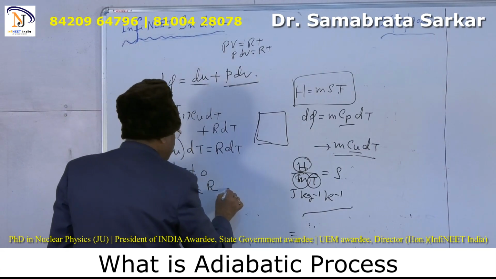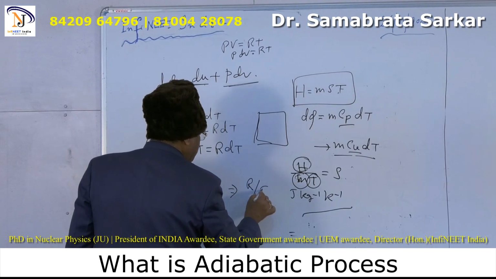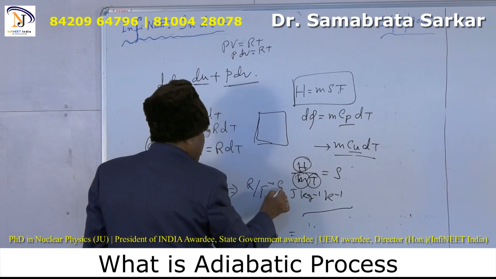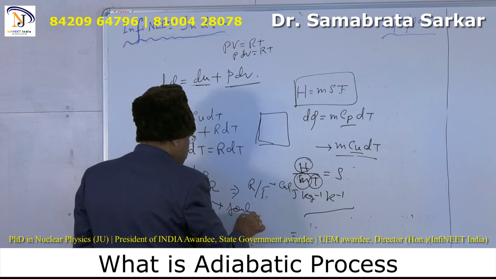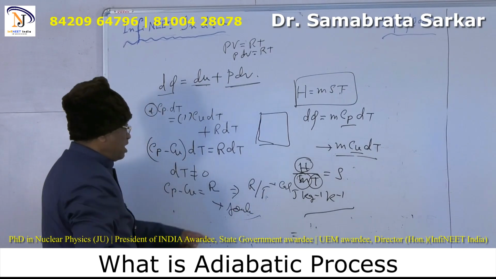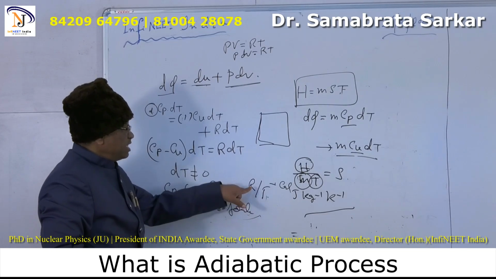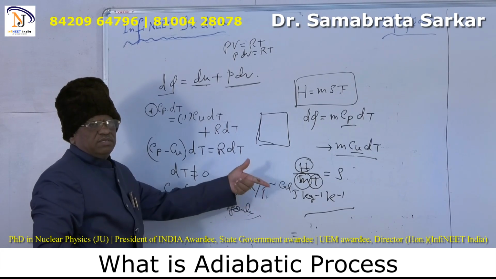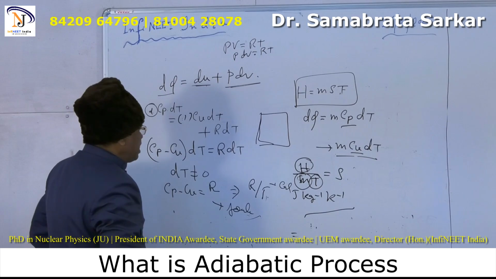Or you can write another unit, R by J. If you write R by J, then it will be in calorie, or otherwise it will be in joule. If you divide it with J, then it will be joule per calorie. Okay?